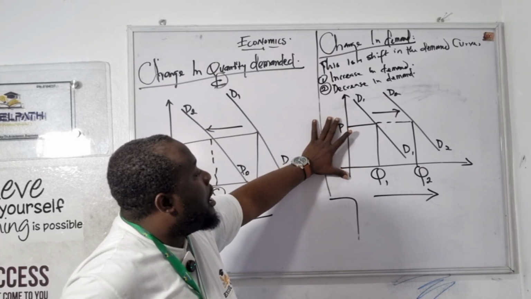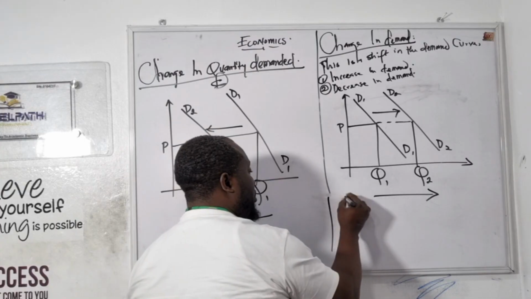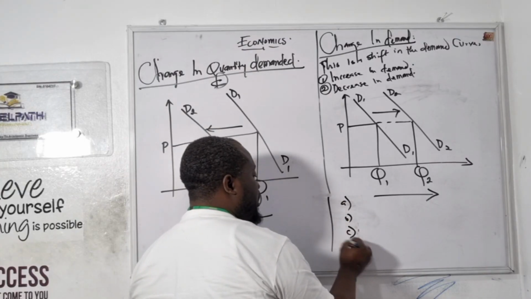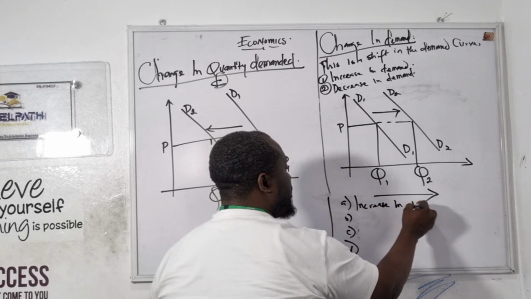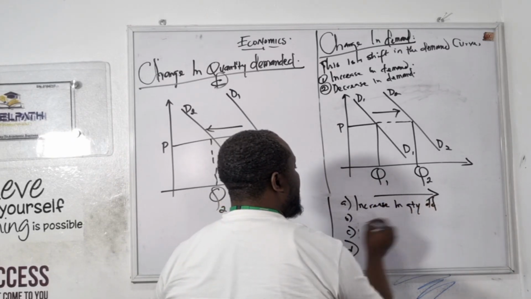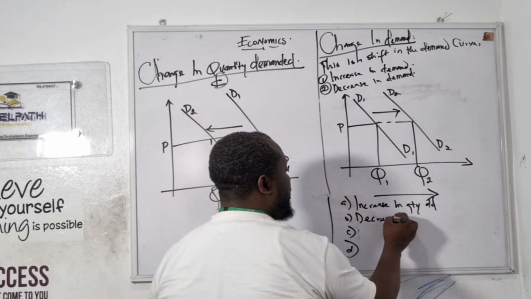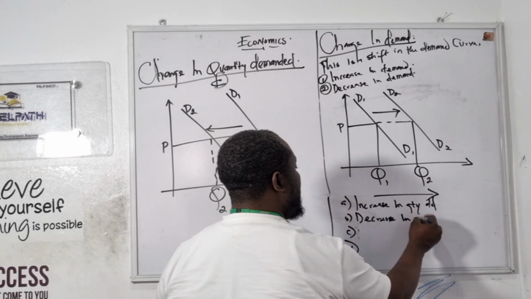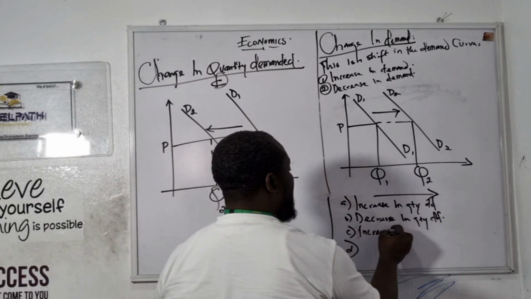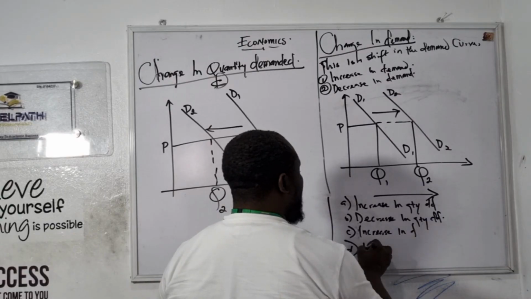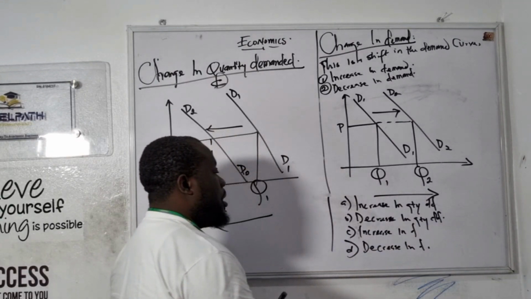curve, and they will give you options. Option A, B, C, and D. They will ask you, is this an increase in quantity demanded or a decrease in quantity demanded, or is this an increase in demand or a decrease in demand?